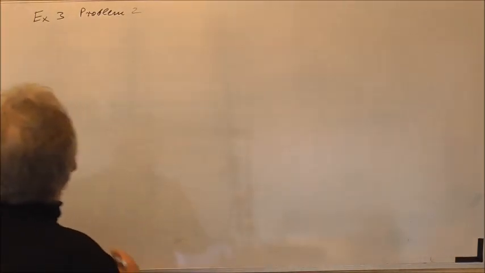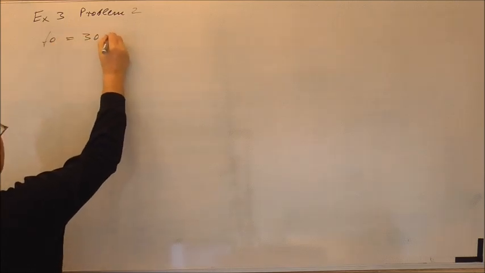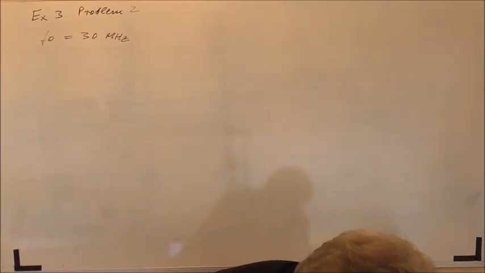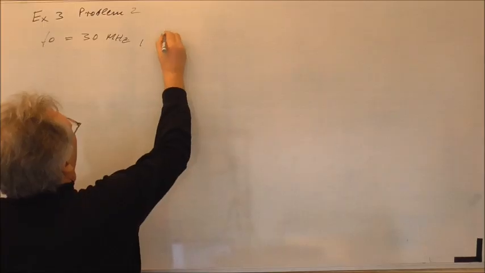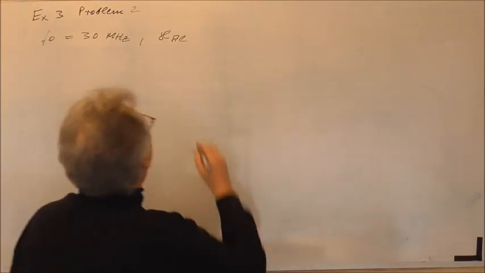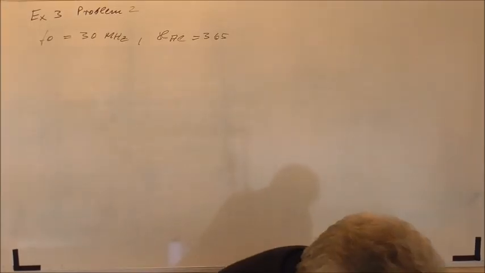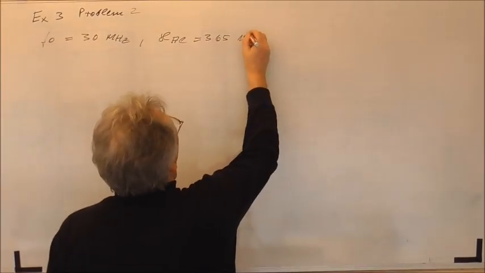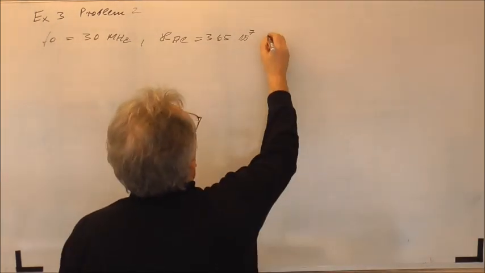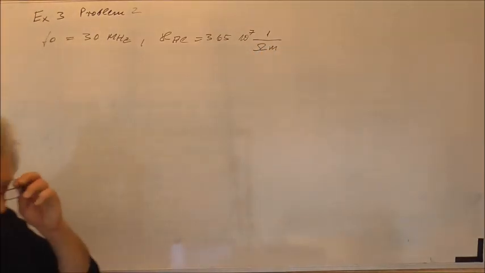So we have here first the frequency of operation, around 30 megahertz, and in the case of aluminium we have a kappa Al of 3.65 times 10 to the power of 7, and the unit is 1 over ohm meter. This is the conductivity of aluminium.